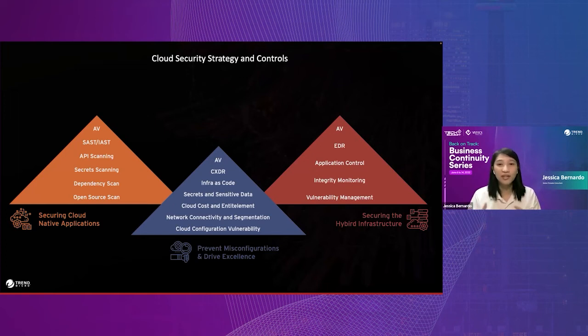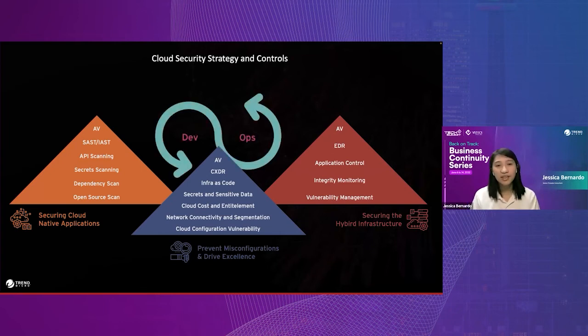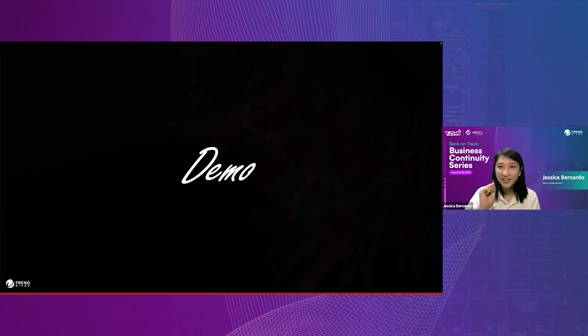You need to transform your security tools as well. So all of these things that I have shared with you earlier run on our DevOps, our development and operations, so that they have a good strategy and controls when it comes to our cloud security.